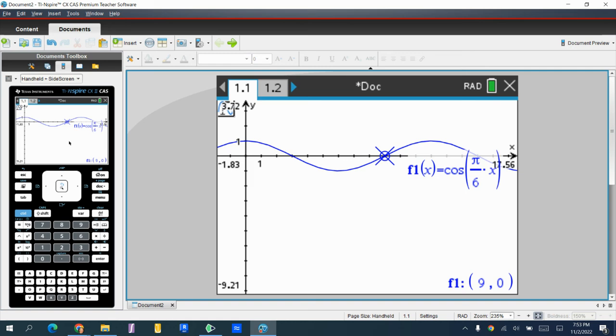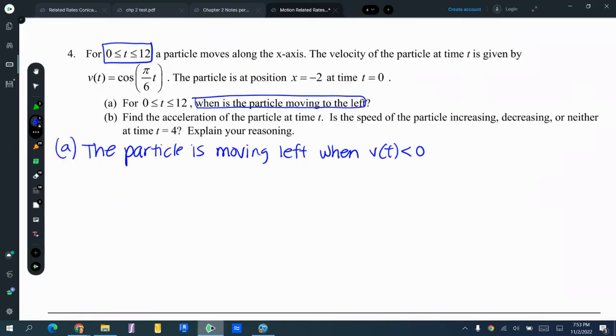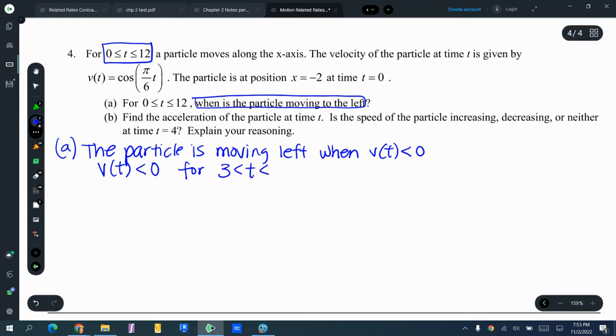Okay? So 3 and 9, in between those two regions. So v of t is less than 0 for 3 less than t less than 9.